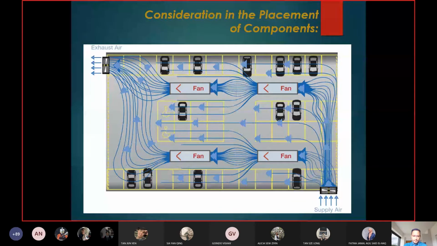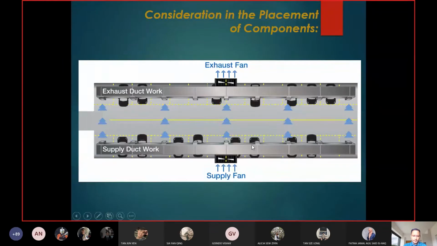Okay, so this one is without ducting. You only use the supply fan, exhaust fan, and the axial fan. And this one is with ducting, with ductwork. So you have a huge fan on one side. Basically what happens is it takes in the outside air from here, gets into the ductwork, and then is distributed through the diffuser here.